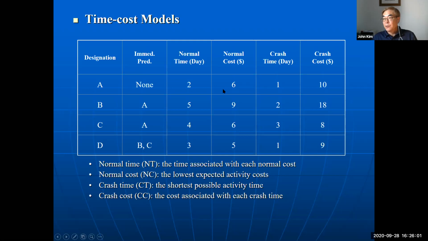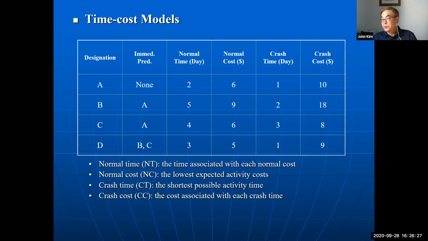If we add employees or machines, then we can crash to a shorter time. Then the normal cost is the cost to finish in normal time.